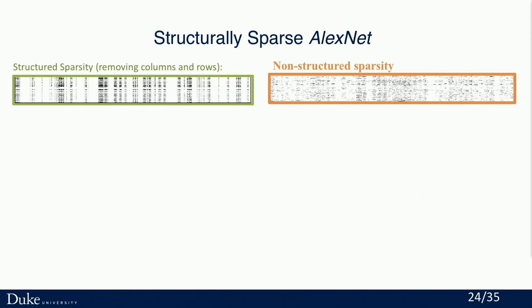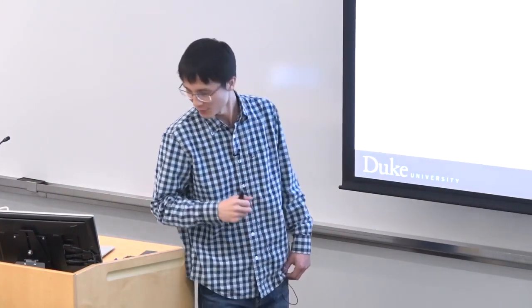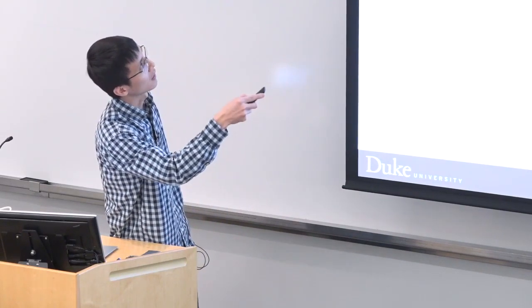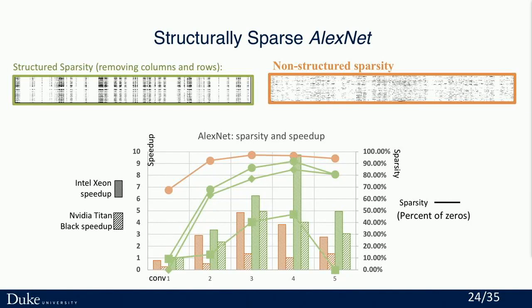So here is a comparison on AlexNet. Don't laugh at me, AlexNet. It was state of the art. But it's fair for comparison between non-structured sparsity and a structured one. When I say non-structured sparsity, it means this random sparsity. And here, structured sparsity, I mean I remove rows and columns. There is a lot of information here, but let's break it down.